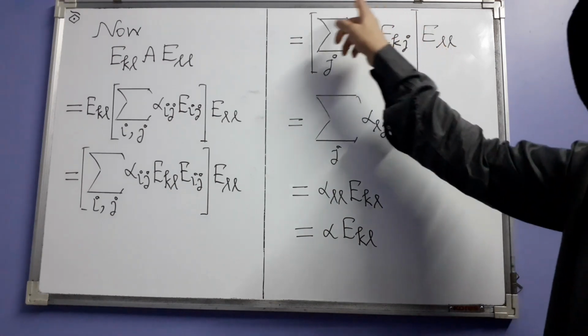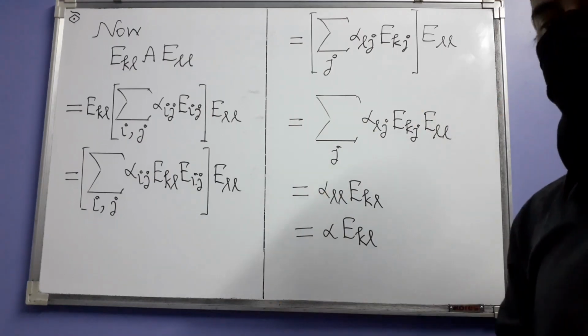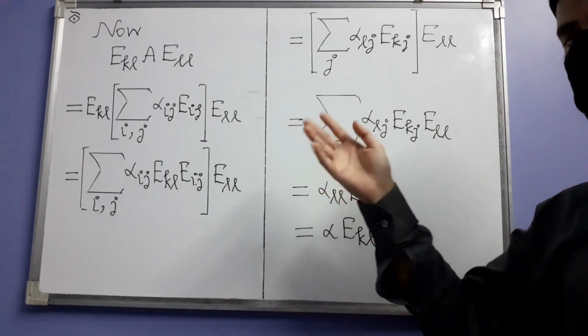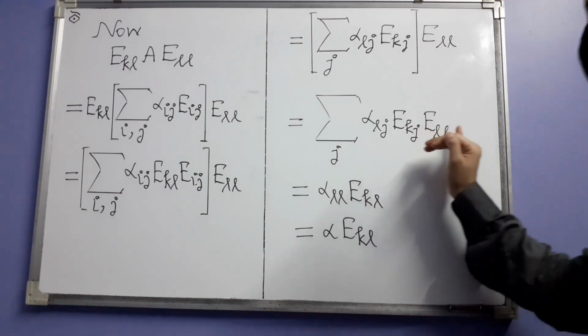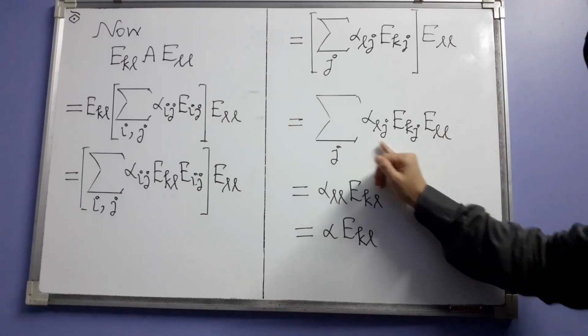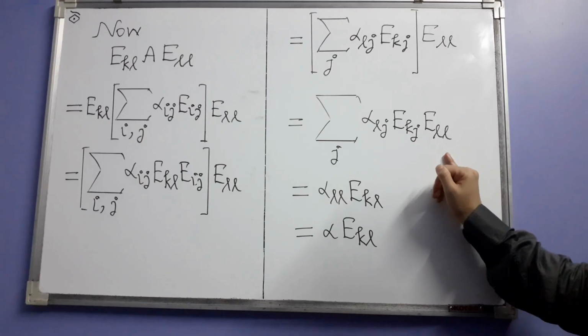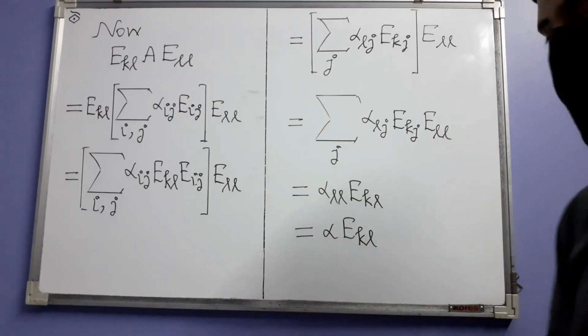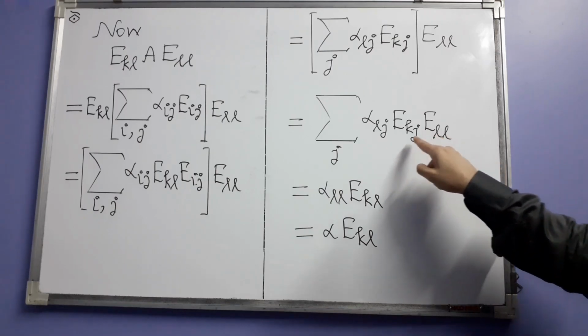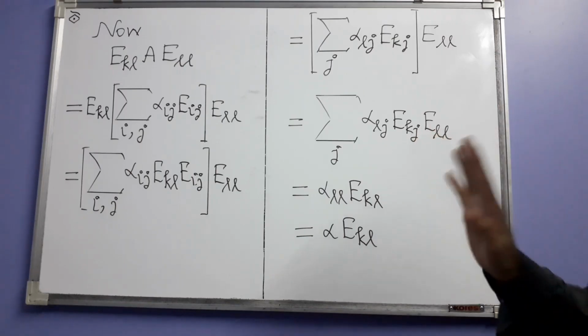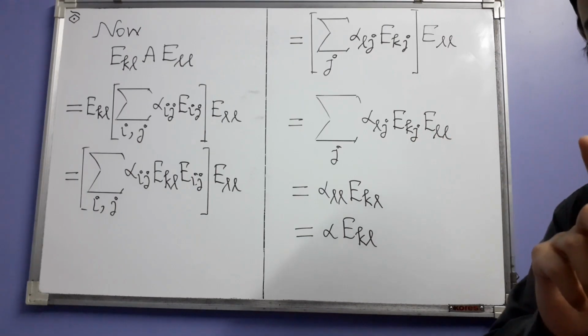It multiplies this sum from the right side. Again, right distributive law and all the other algebra axioms have been used to finally have this sum. Here also something like that will happen. EKJ times ELL, note that here K and L are fixed, only J is changing.